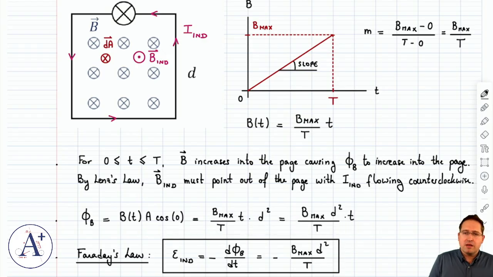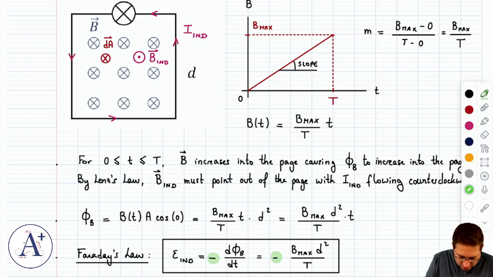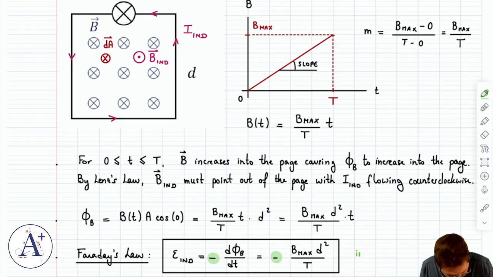Now, something worth noting is the following. The minus sign here is actually irrelevant. The reason it's irrelevant is that we use Lenz's law to find the direction of I induced. In other words, I already know that I induced has to go counterclockwise.